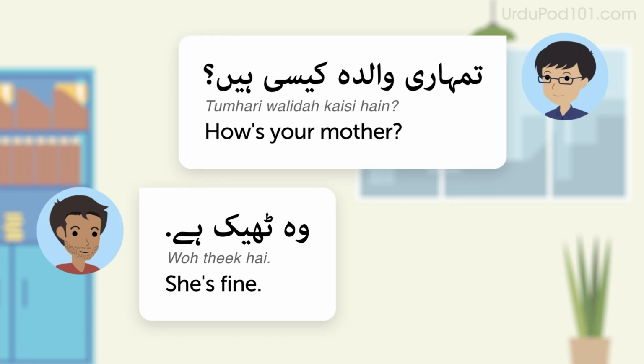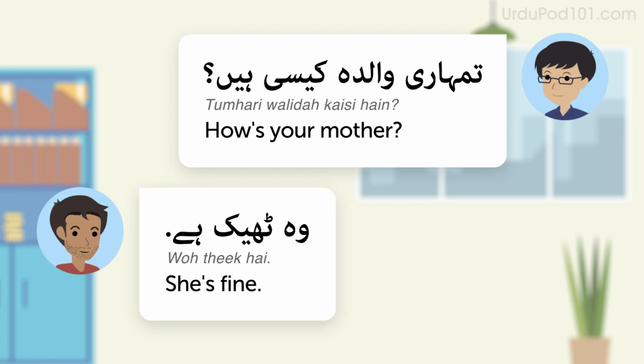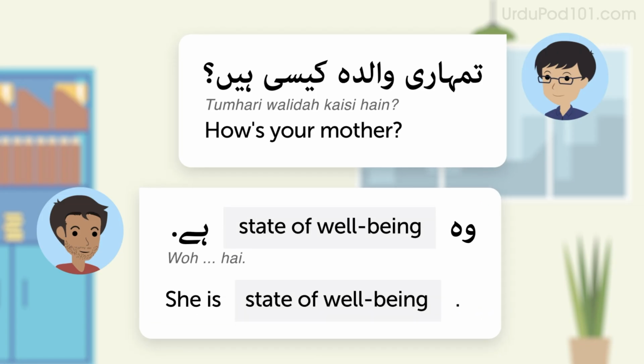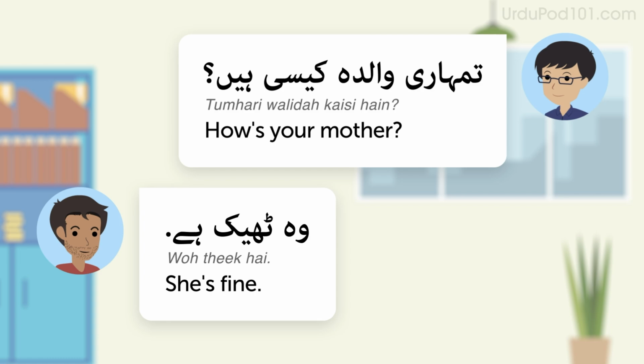Now, how do you answer this question? The pattern is woh, state of well-being, hai. This Urdu sentence literally means she, state of well-being, is, but it translates as she is state of well-being. For example, she's fine. Woh theek hai.